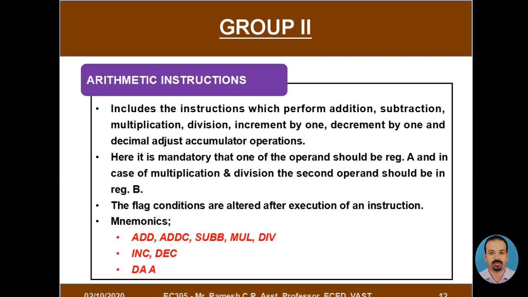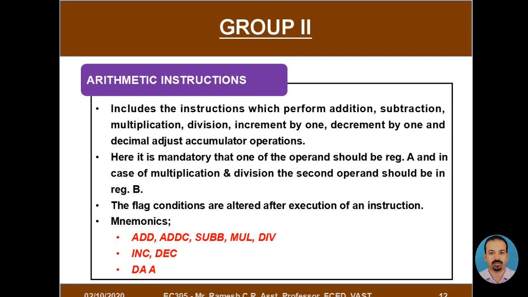Then we have the second function group, which corresponds to the arithmetic instructions, and from the name itself we know that this is a set of instructions required for performing addition, subtraction, multiplication or division, then incrementing the values by 1 or decrementing the values by 1, and the special operation, that is decimal adjust of the accumulator, which is used during BCD or binary coded decimal operations.